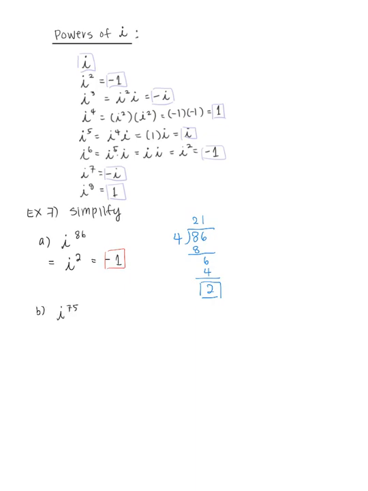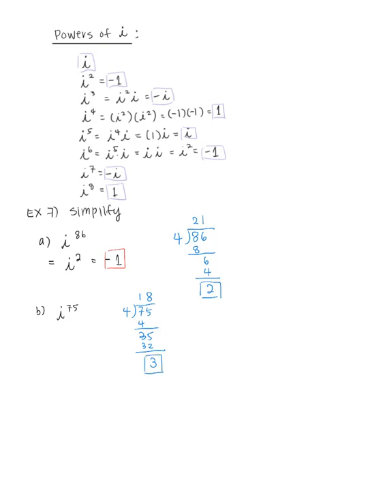Okay, let's do another one: i to the 75th. We're going to do the same trick. I'm going to divide 75 by 4 and then look for the remainder. How many times does 4 go into 7? Once. Then 35, and 4 goes into 35 eight times, which is 32, and the remainder is 3.